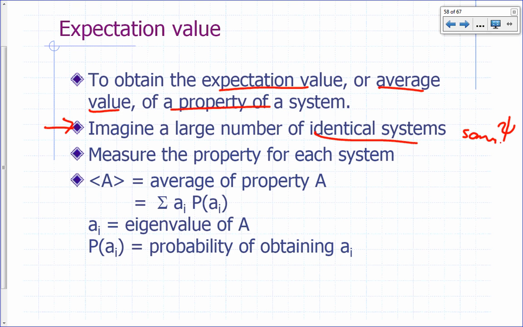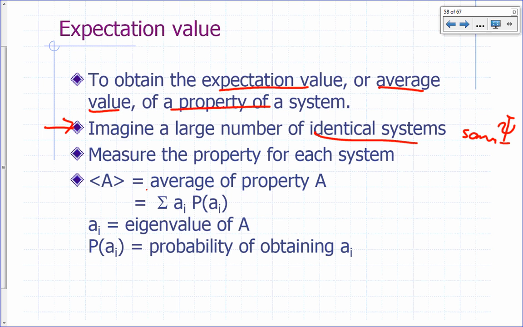Measure that property for each one of those systems. How do you get the average of property A? Each one of those systems, although they all have the same psi, will not give you the same A if you measure A, right? Because of the probabilistic nature of these things.